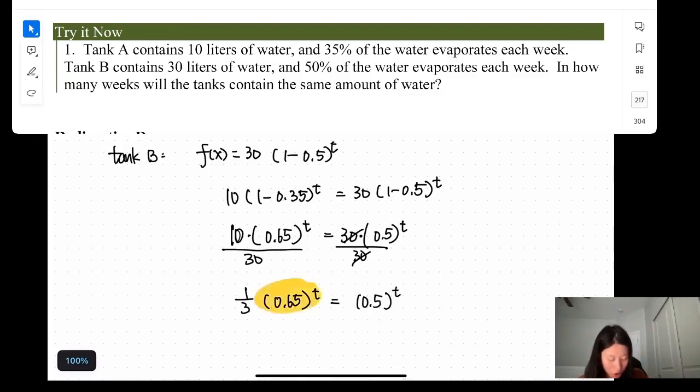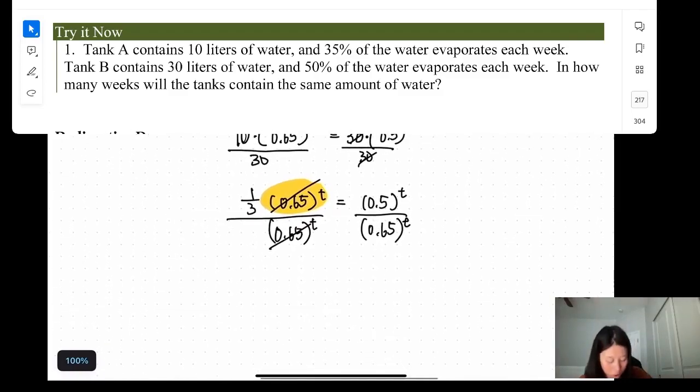And we merge these on the other side by dividing this part at the same time. So these are gone. So that I have 10/13 equals what? Since they have the same exponent, we can merge this into a fraction.